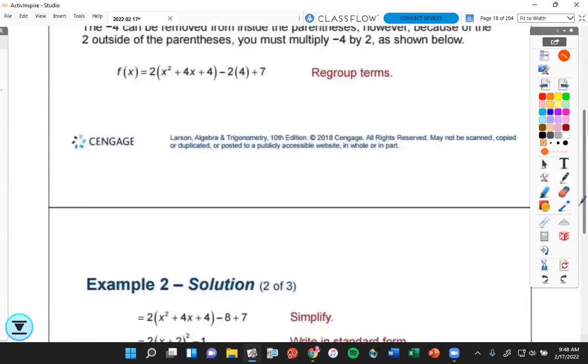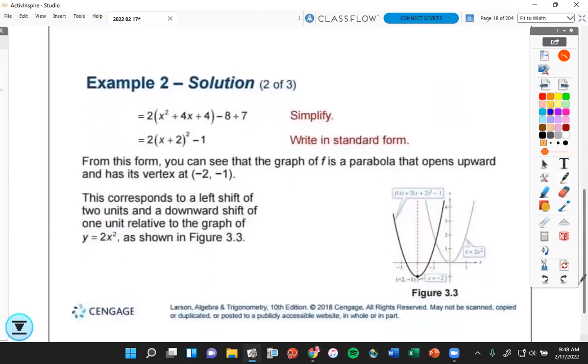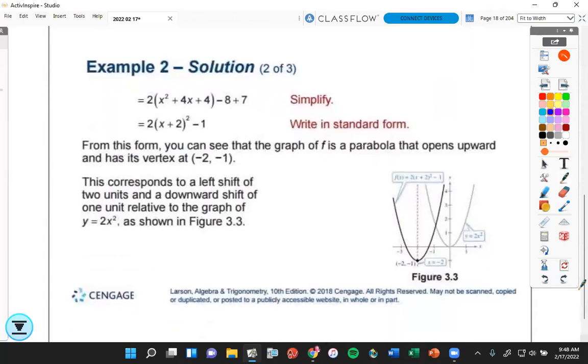So because it factors into x plus 2 times x plus 2, that's the same thing as saying x plus 2 squared. That negative 8, that was the negative 2 times 4, right? And there's a 7 that was there, so it's now in standard form.